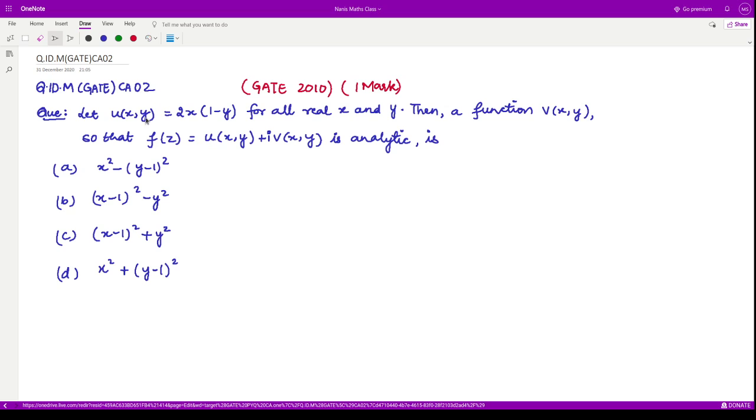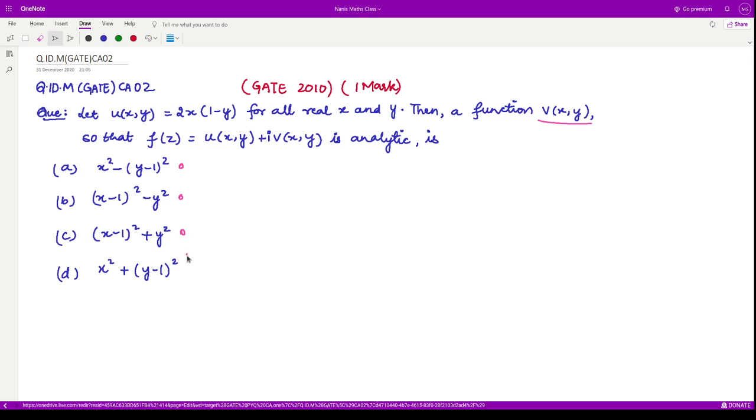The question given here is that u of x y, this function, is given to be 2x into 1 minus y for all x and y which are real numbers. Then they're asking, the function v of x y, which among these four is it?